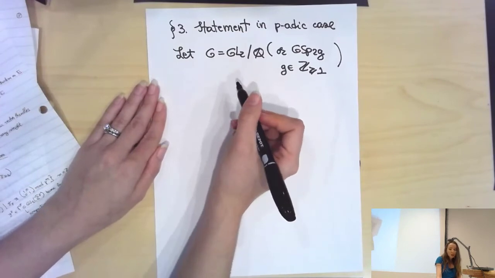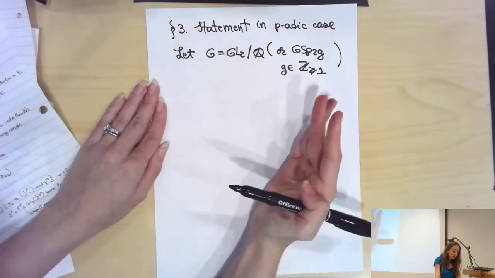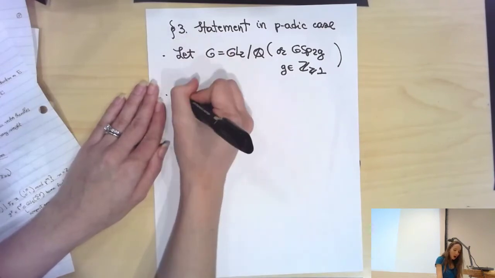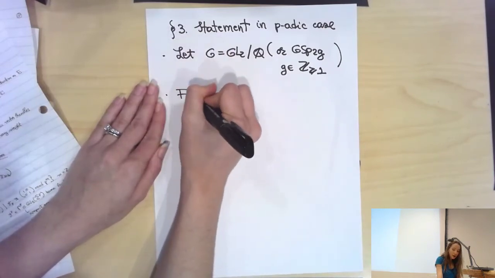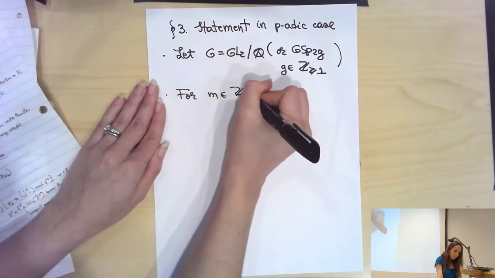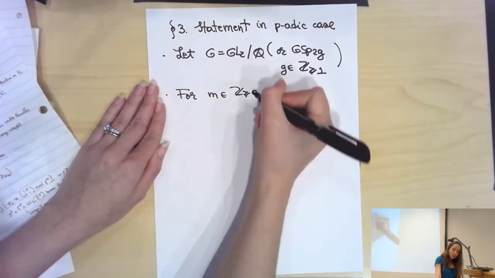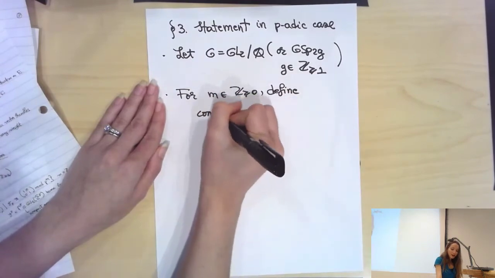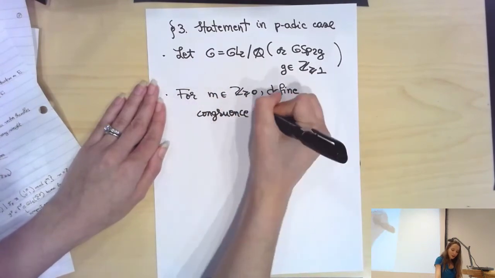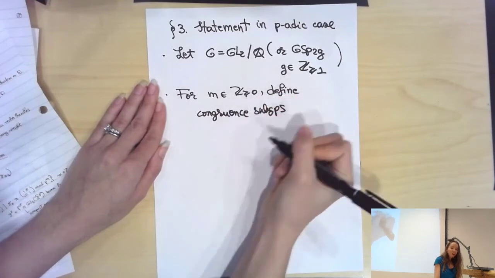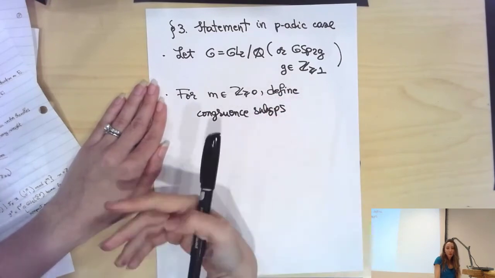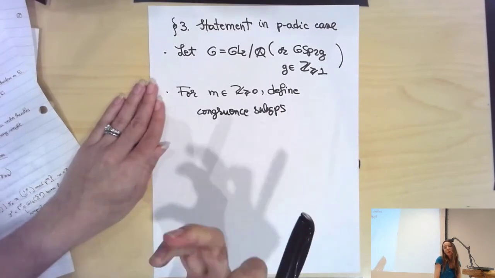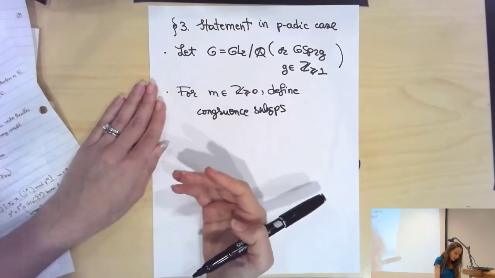And I'm going to have to also define various levels, so I just need some notation. For an integer m, we're going to define the congruence subgroups. This is easier to say than to write down. Basically, you want some tame level, some level away from p, and then you want to have full level p^m at p.